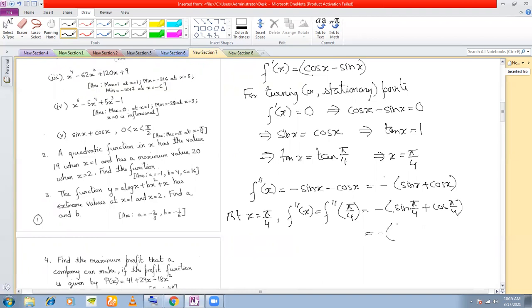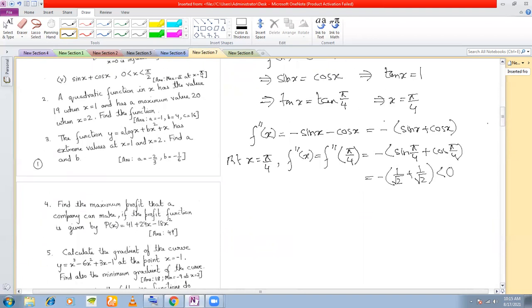You know both the values are root 2. So obviously this is negative. That means f(x) is equal to sin x plus cos x has a local maxima at x is equal to pi by 4.